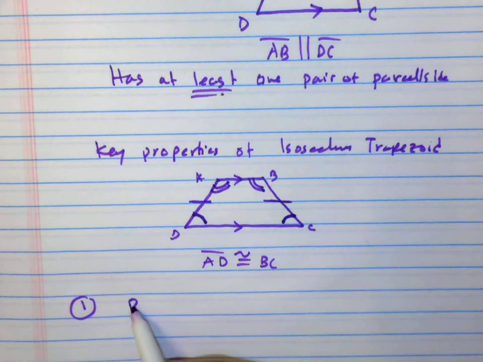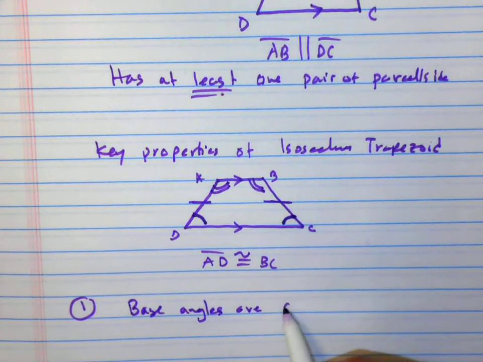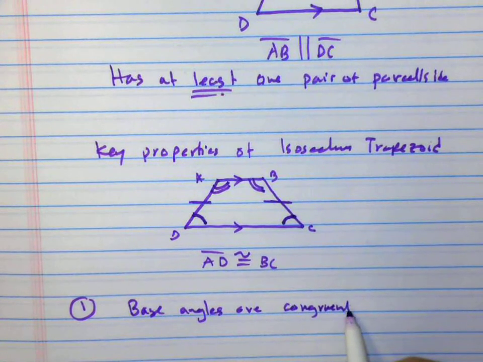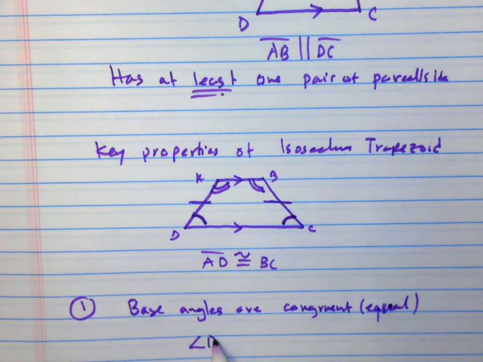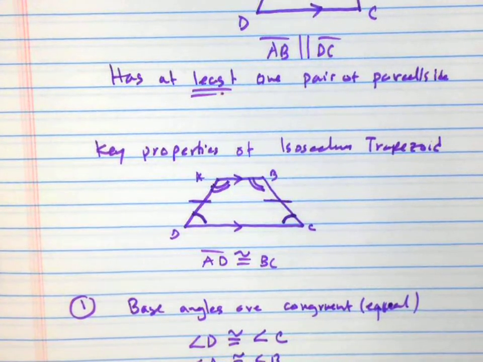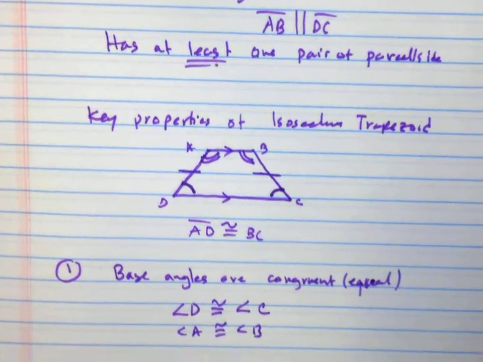So the base angles are congruent. Congruent means equal. So angle D is congruent to angle A, and angle B. Alright, we know about the base angles if we have an isosceles trapezoid.